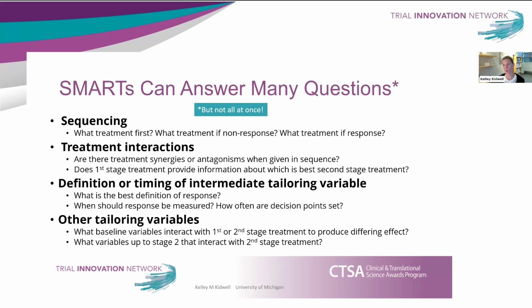And what definition should we use to figure out if you're responding or not responding? We can also answer questions about can we further personalize these treatment sequences? Are there specific subgroups of individuals based on patient and/or clinical characteristics or site-level characteristics that certain treatment sequences or intervention sequences will work best for?